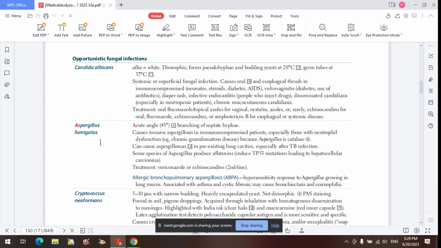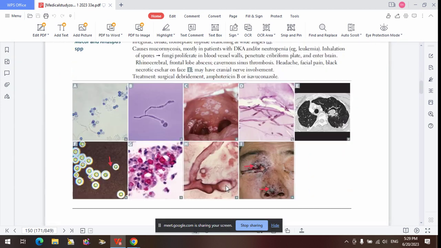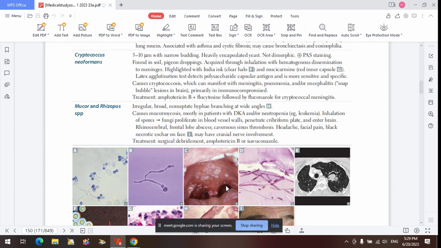Then you can use an echinocandin. Voriconazole, V-O-R-I-C-O-N-A-Z-O-L-E. Always remember voriconazole for aspergillosis. It's very unlikely that they will ask.